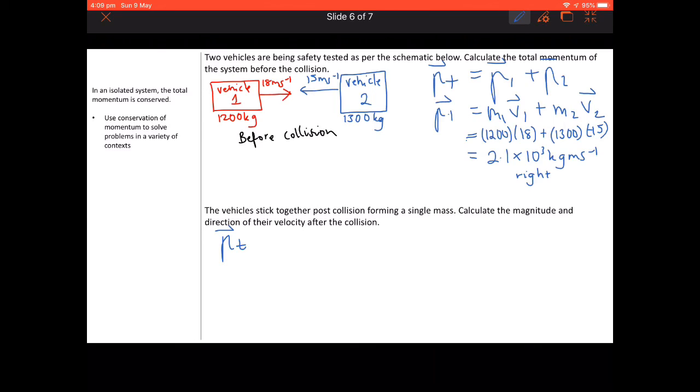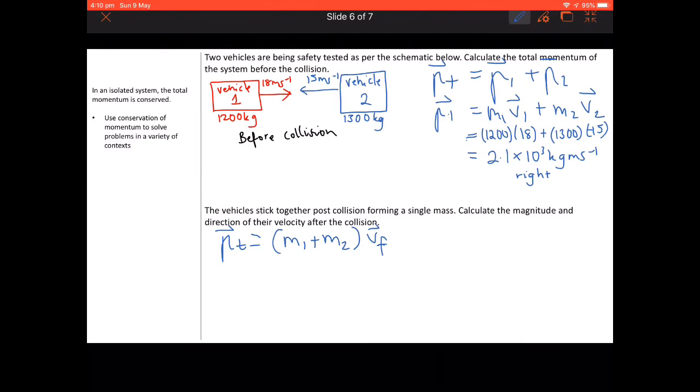So in this situation, this will look like total momentum equals mass 1 plus mass 2, which will be the total mass of the collective crashed car, times the velocity. Obviously, because the momentum is the same, the velocity is the same, they're the same blob, so they're going to have the same physical properties.